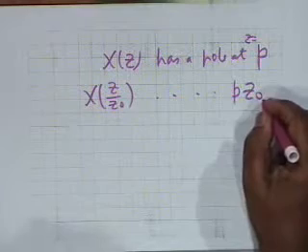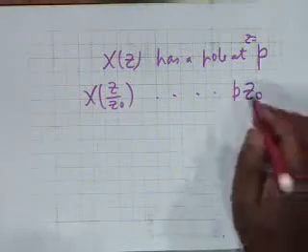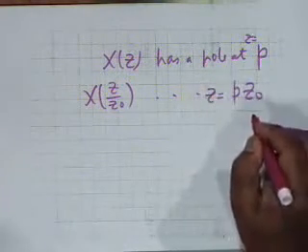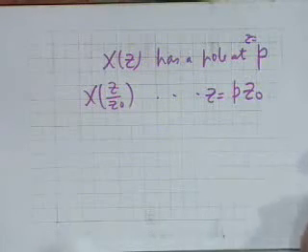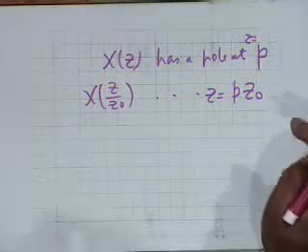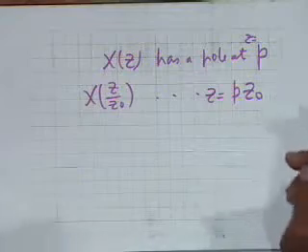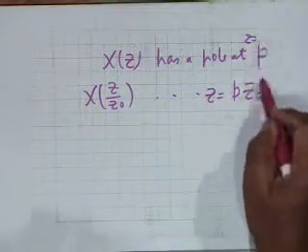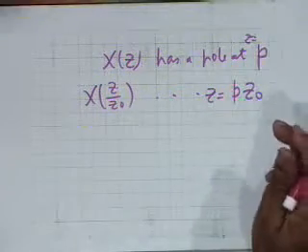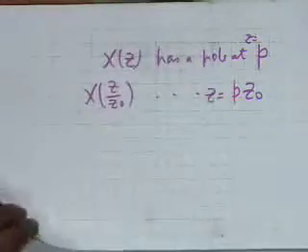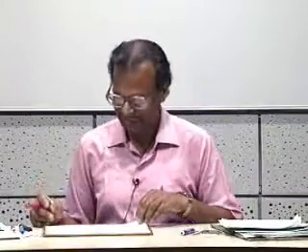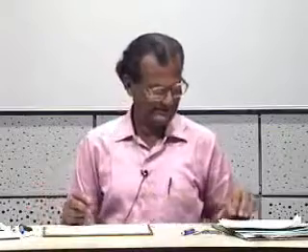Pole at p times z naught. What is the variable? z. At z equal to p times z naught. That's all that means. In other words, the poles and zeros shall be scaled by the factor z naught. They shall be multiplied by the factor z naught. Yes, that's right. I'm sorry.